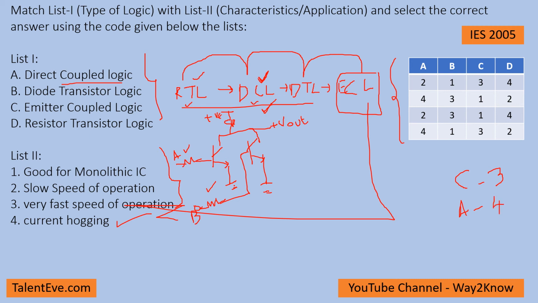Now RTL, among these, is the initial digital transistor logic, and it is the slowest among these considering the resistors. So we can see D goes to slowest speed of operation, and definitely whatever B is left out goes to direct coupled logic.